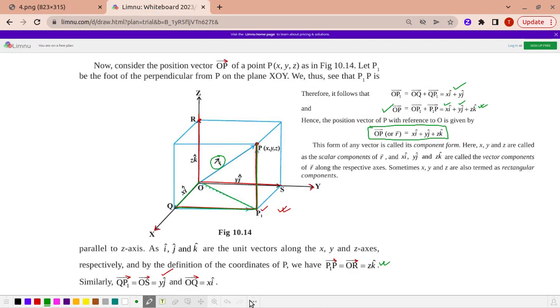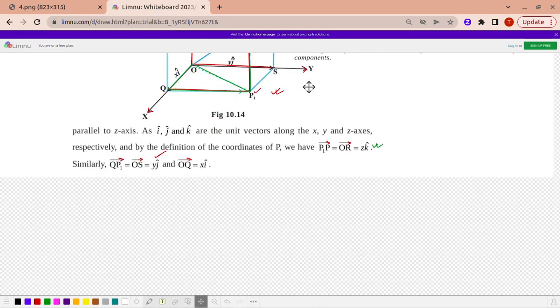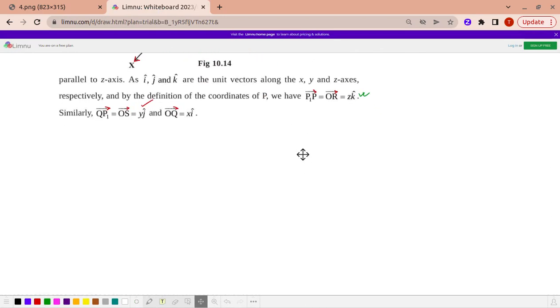So we are going to find the magnitude of the vector R. We found the vector R, but what will be the magnitude of this vector? So let's derive it here.